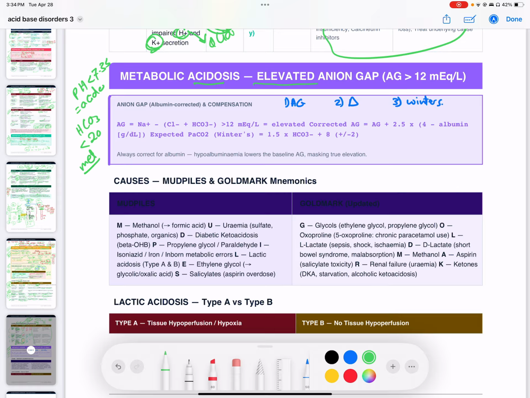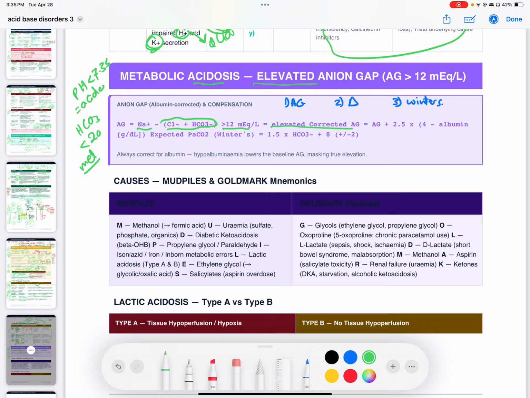Then we looked at the anion gap, which is the sodium minus the chloride and the bicarb, and we found it more than 12, so we call it elevated anion gap metabolic acidosis, right? If it was 8 to 12, we call it normal anion gap metabolic acidosis, which we talked about.